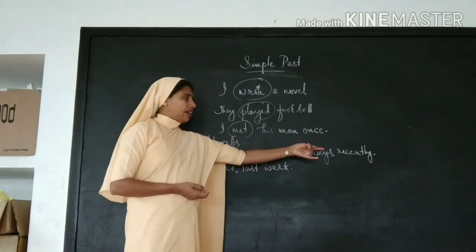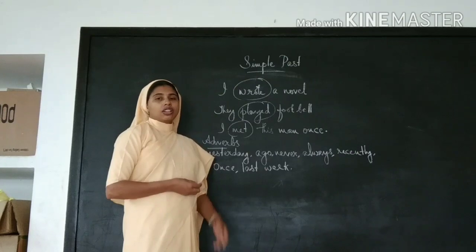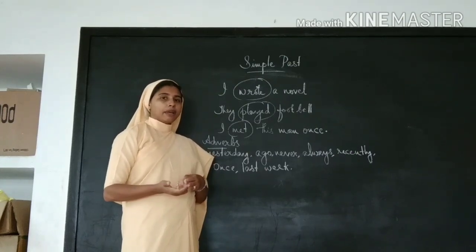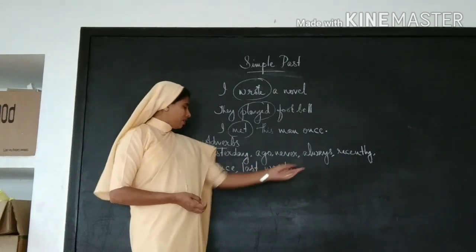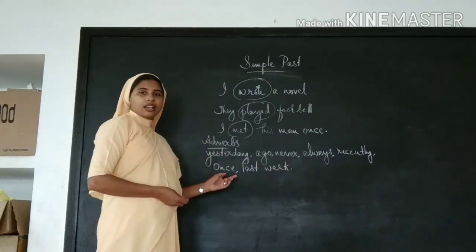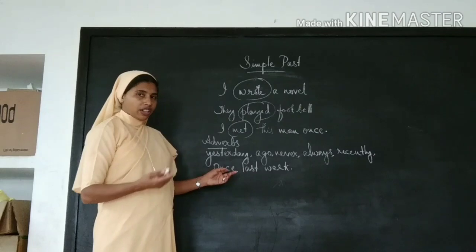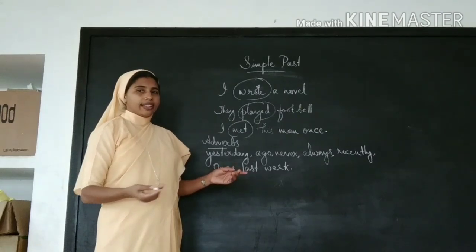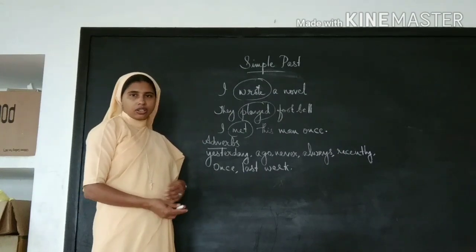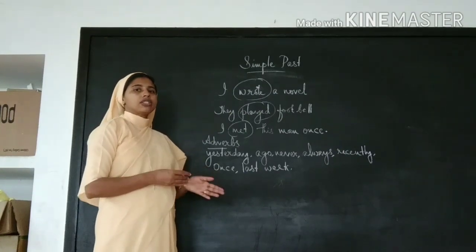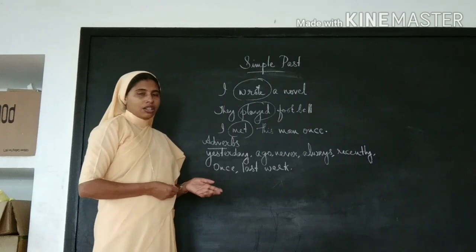And recently: This happened recently. Once: I met him once. Once, twice, thrice, etc. are adverbs, because they talk about the time of action. Adverbs tell more about verbs.